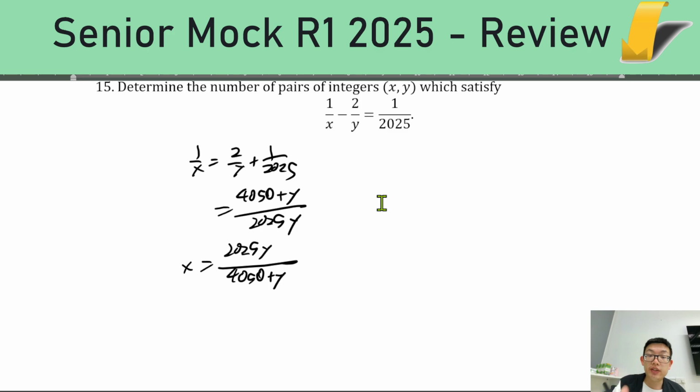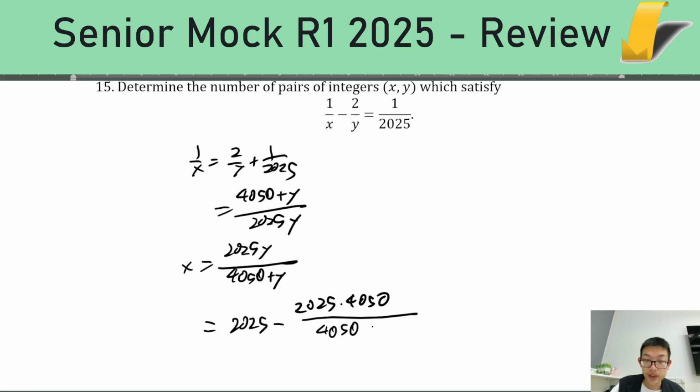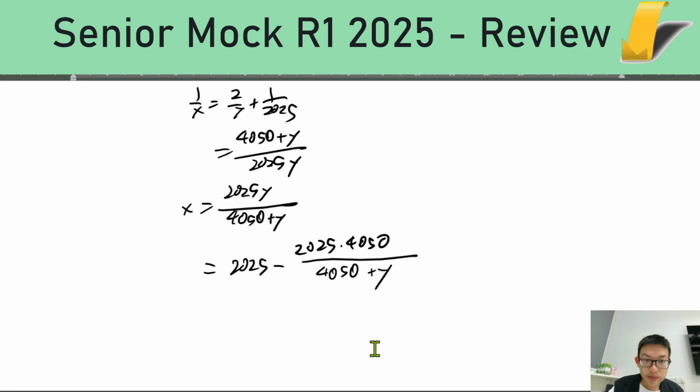In order to determine when this is an integer, the classic way is to do a long division, which I will just fast forward because the long division is not very long at all. The quotient is 2025 and negative 2025 times 4050 is the remainder, which allows me to pause and say, okay, I have to make sure that this is also an integer.